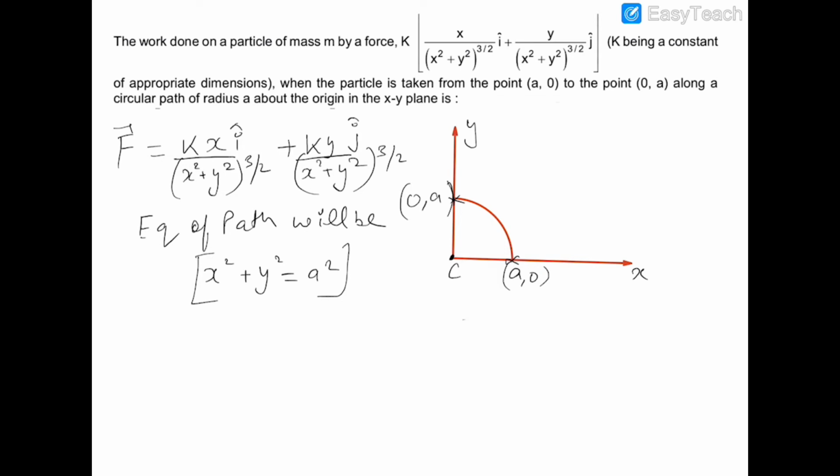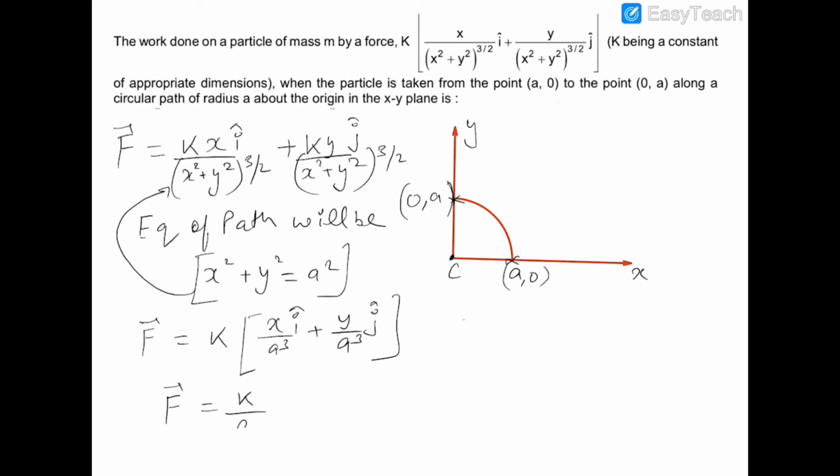Now if we substitute these values here, F will be equal to k, which is common, x upon a cube with i cap plus y upon a cube with j cap. Taking out this a cube common, this is k upon a cube times x i cap plus y j cap.